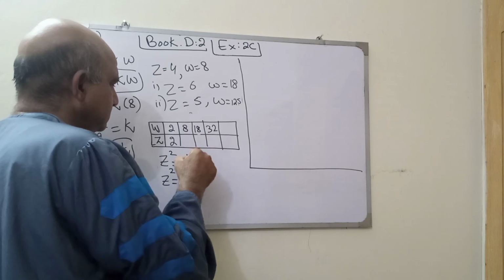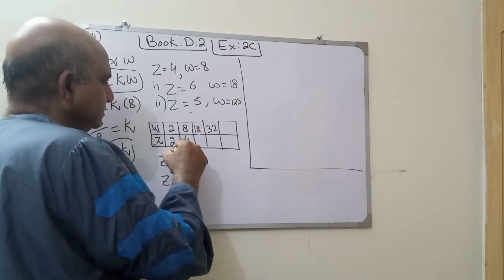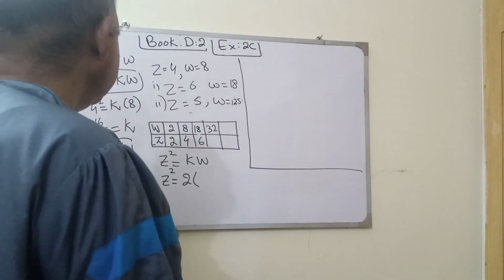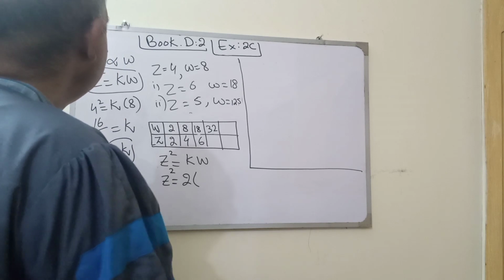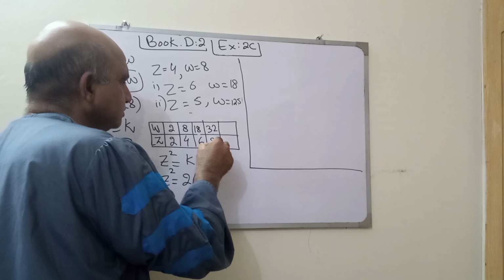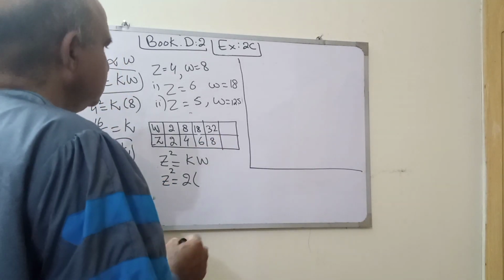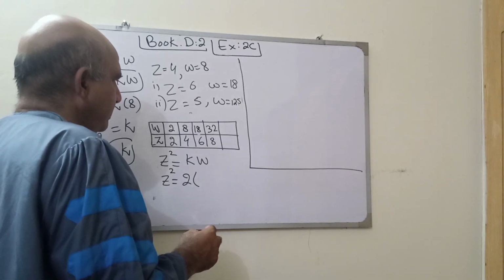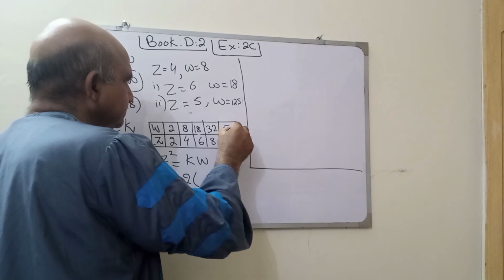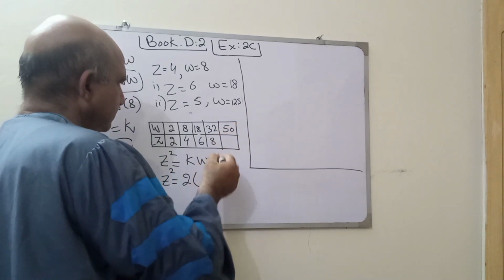Then 16, square root 4. 36, square root 6. Then we have 32 plus 64, square root of 64 is 8. Then we can say 50, this is 100.